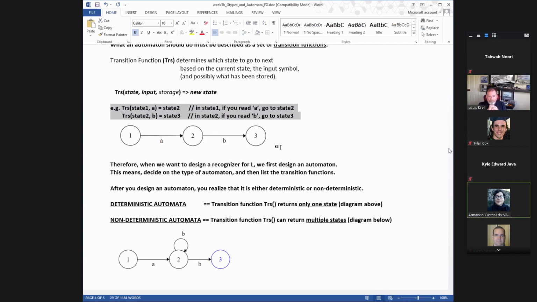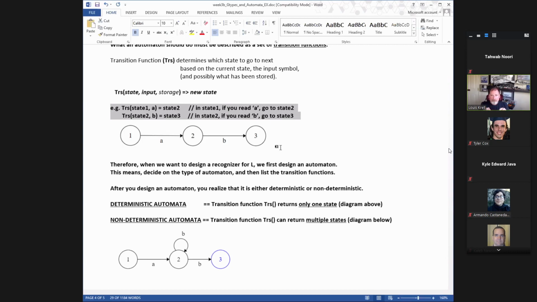Is deterministic and non-deterministic related to complexity time as well? No, no, what you're going to find is with a non-deterministic automata, we can't write the code for the scanner.